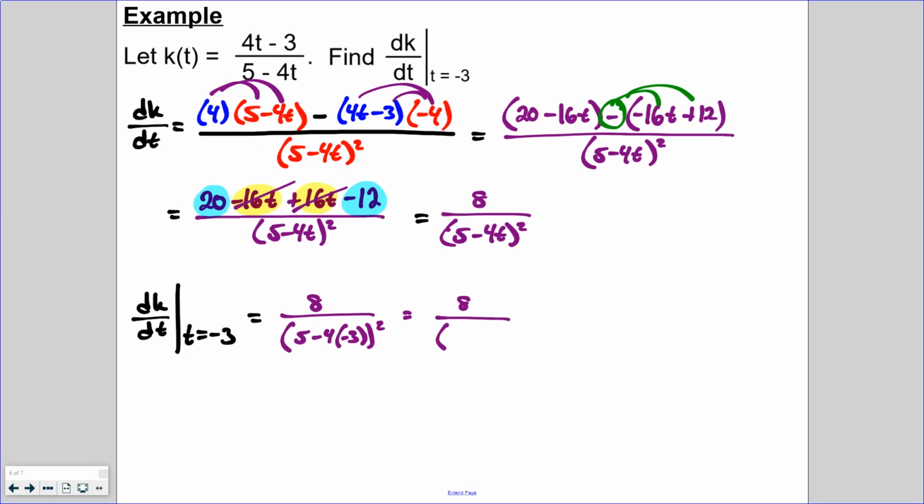That's going to be 5 minus 4 times negative 3, which is 12, squared. That's going to give us 8 over 17 squared. And now we're just going to figure out what 17 squared is. And that's going to be 289. So that means our derivative of the function k at t equals negative 3 is going to be 8 all over 289.